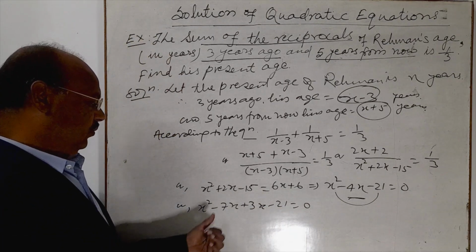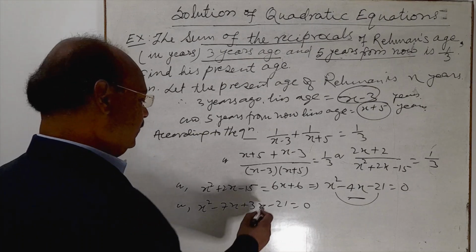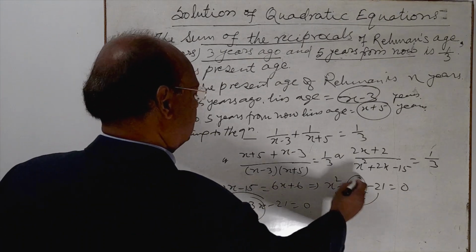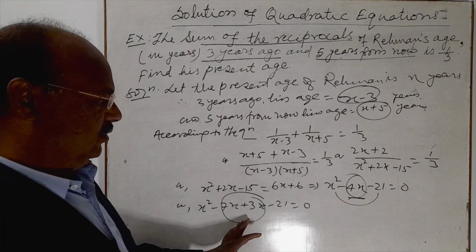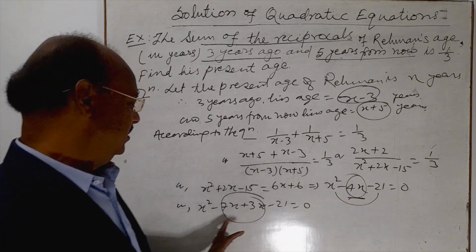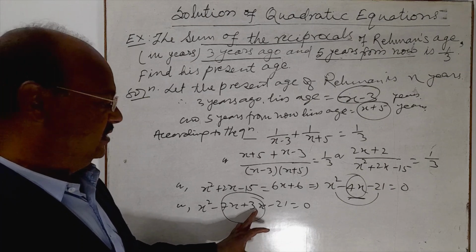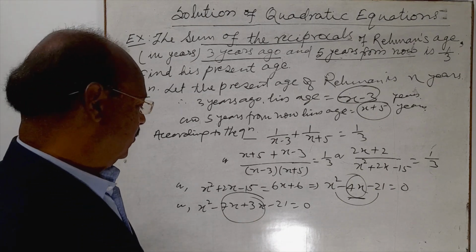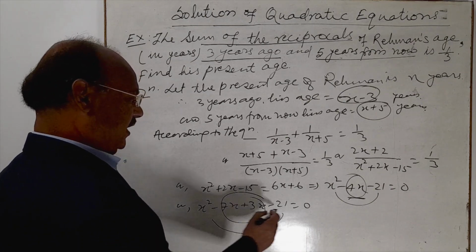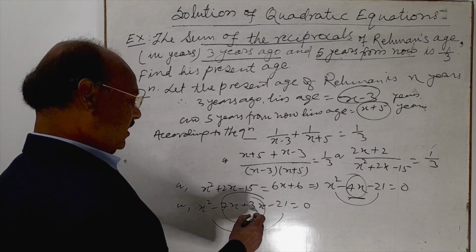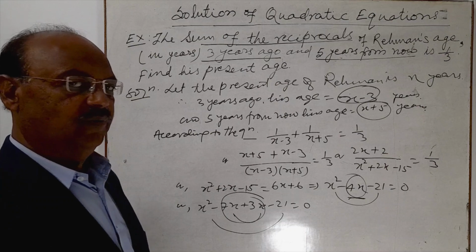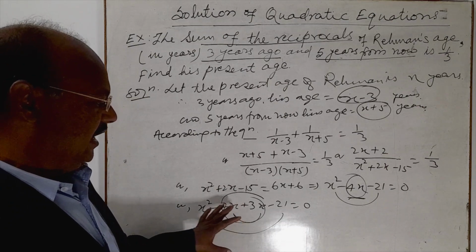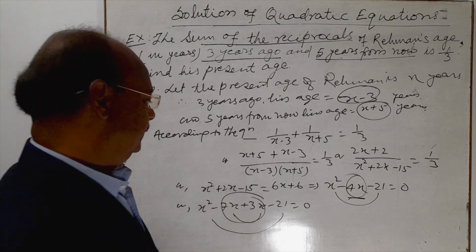You see, minus 7x plus 3x remains the same minus 4x. We should take care that there is no change. And the product of these two is minus 21x square. So you have to arrange it in such a way, correct?